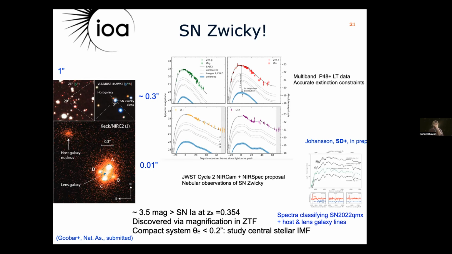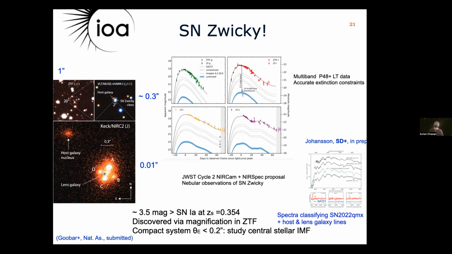In addition, something that I'm leading currently is a JWST Cycle 2 proposal to do late-time imaging and spectroscopy in order to understand the progenitors of these Type Ias at high redshift. This is something that's very cool because nebular phase observations, which is actually looking at the core of these supernova explosions, can only really be done at very nearby distances, below 50 megaparsecs.